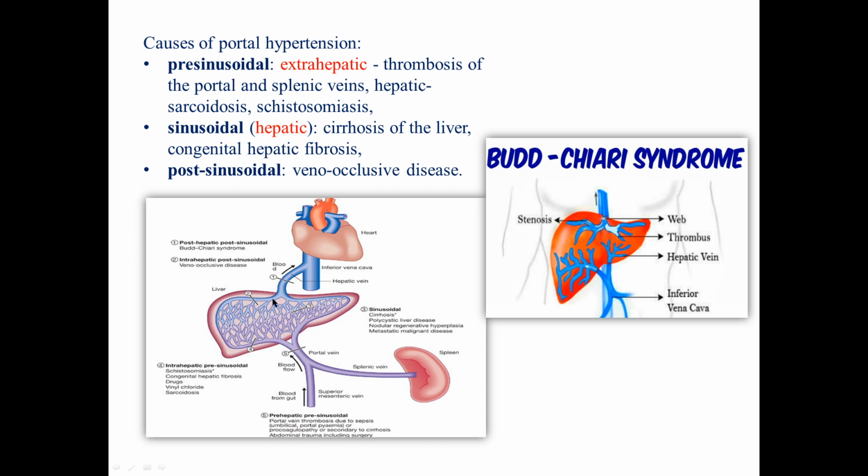In sinusoidal or hepatic cases, it may develop because of cirrhosis of the liver or congenital hepatic fibrosis. Post-sinusoidal or veno-occlusive diseases can develop because of Budd-Chiari syndrome, for example.